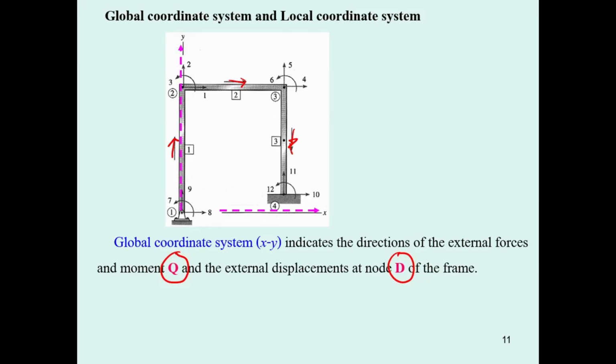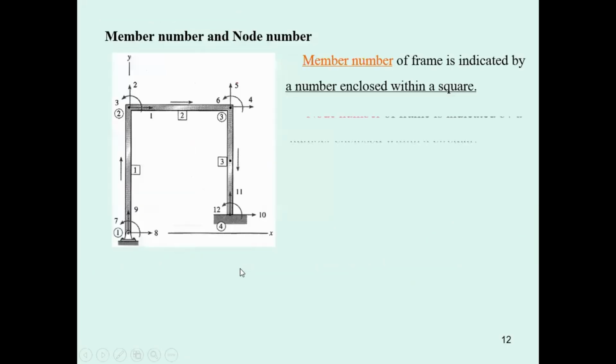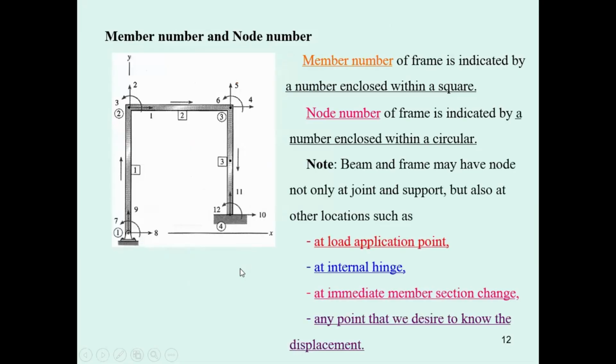And this local coordinate relates the small q matrix with the small d matrix. Local coordinate is talking about the member. Global coordinate is talking about the structure, the beam and the frame, not the member. Then we will use the same concept.